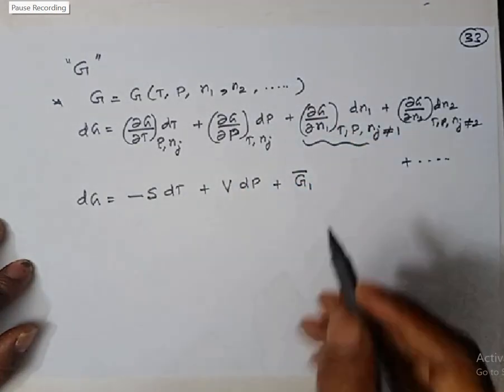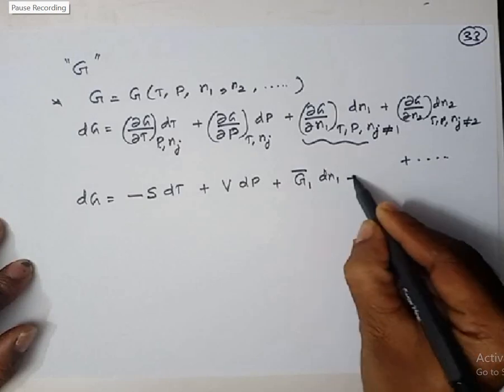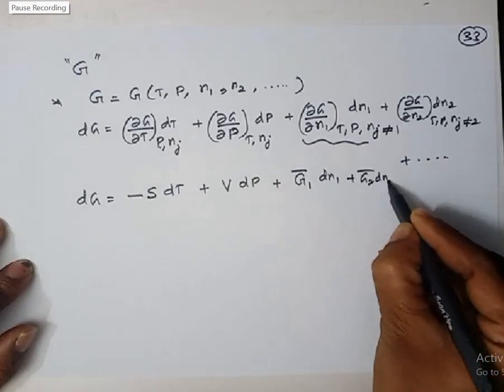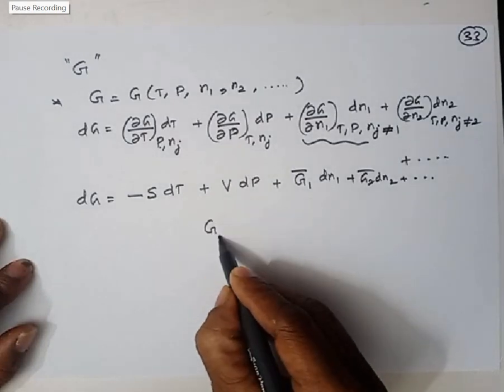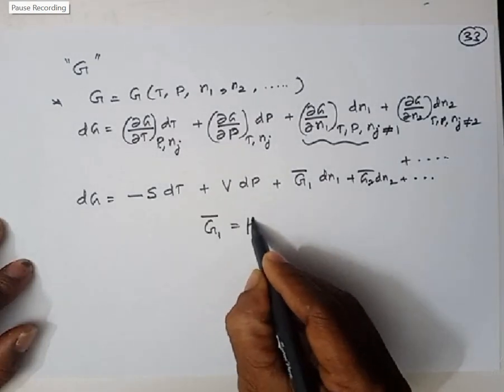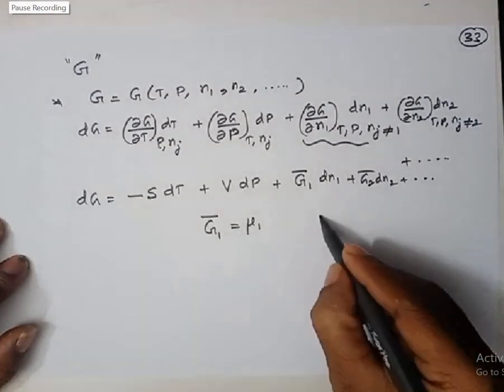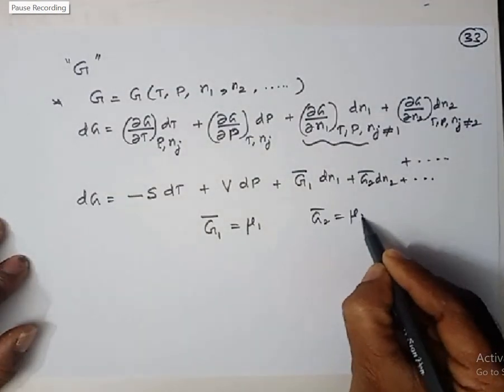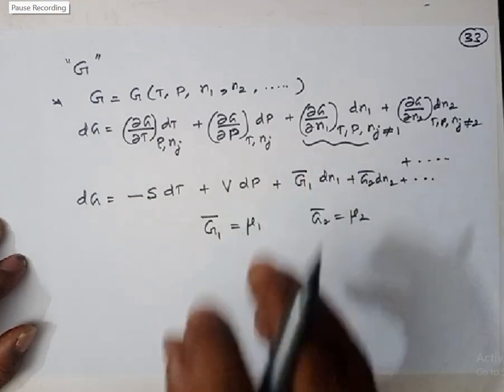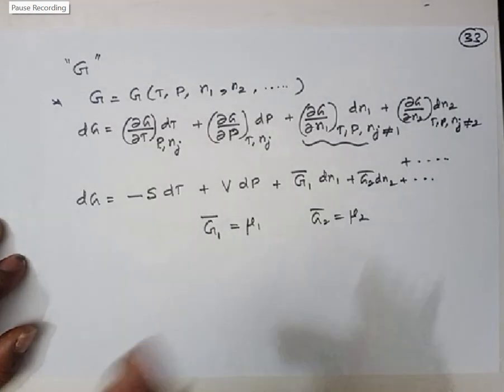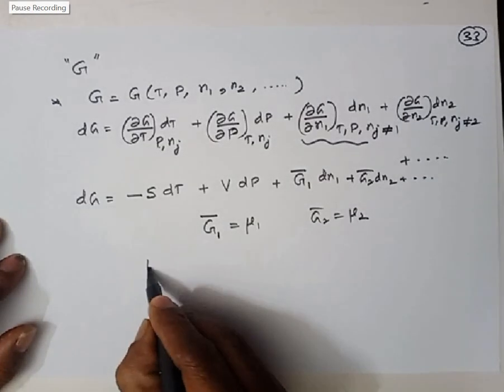So G1 bar into dN1 plus G2 bar into dN2 plus etc. This G1 bar is nothing but mu1, and G2 bar is nothing but mu2. What is mu1? Mu1 is the chemical potential of component 1 in the mixture. It is not a pure substance.